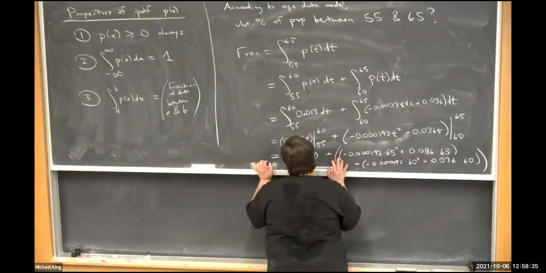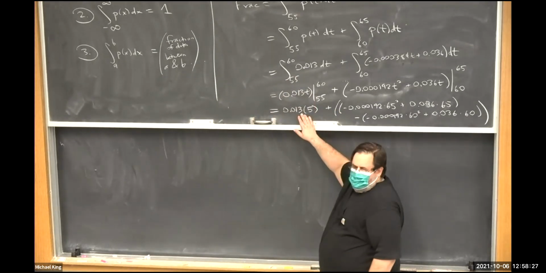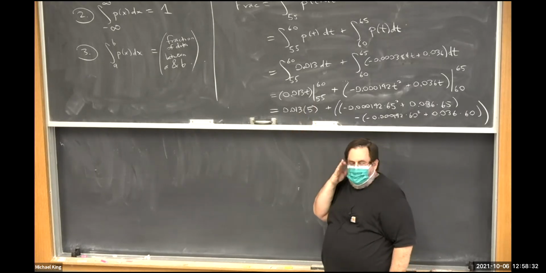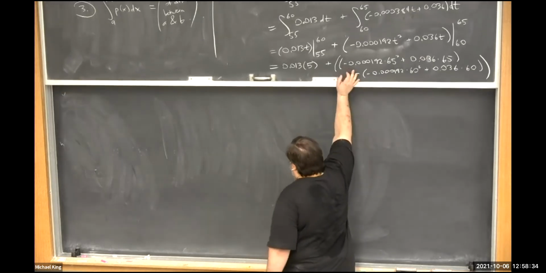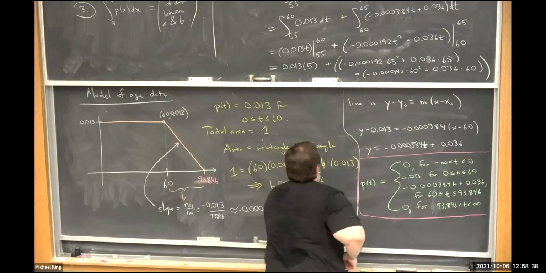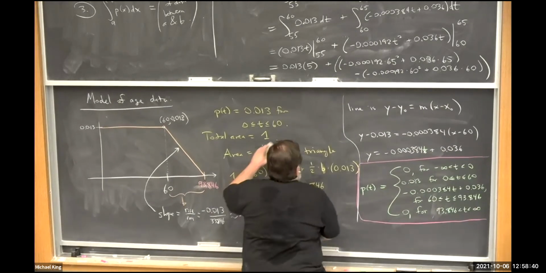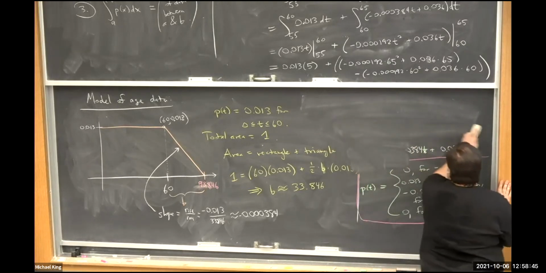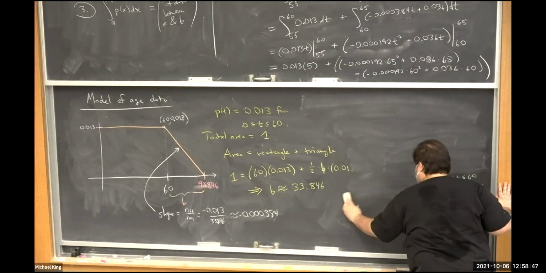This is 0.065. 13 times 5 is 65. So, okay. Calculators are good, but let's just see what our final estimate of the population between 55 and 65 is, based on this model of this data.